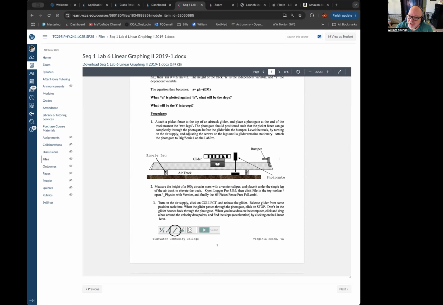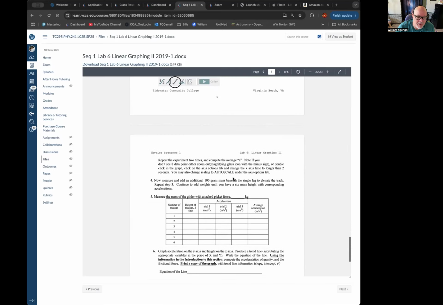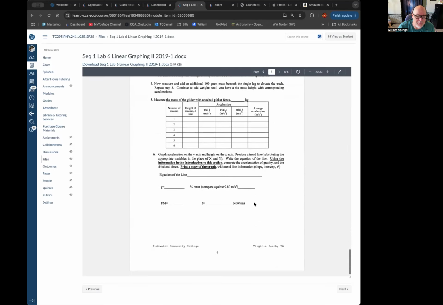In your case, you're going to have the acceleration data, and you're going to have the h data for each of them and the mass data, and you can analyze all that as I spelled out. So you're just going to follow this principle, and you'll get an equation for the line.